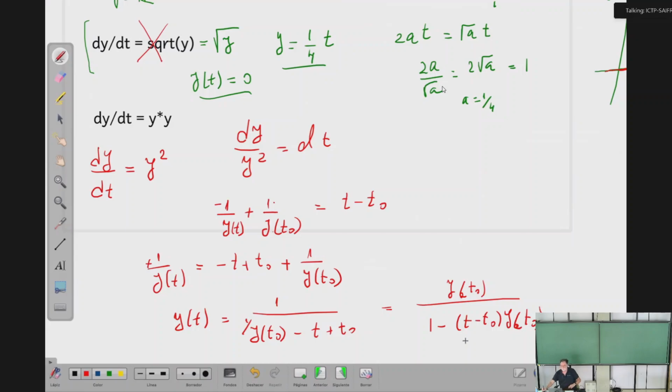So this is a solution. You give some value of y at t0 and you get this y.